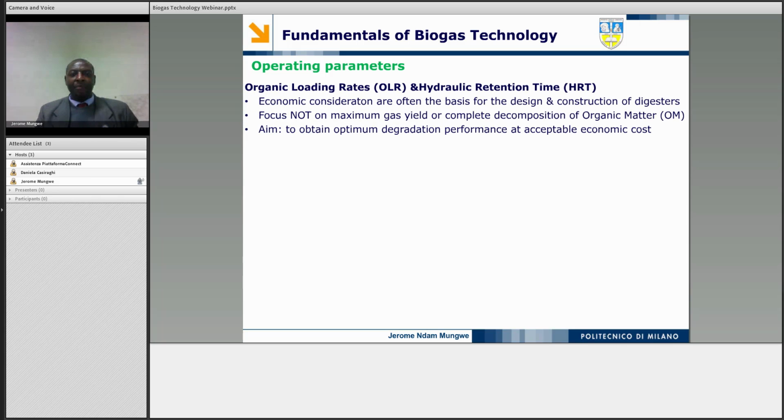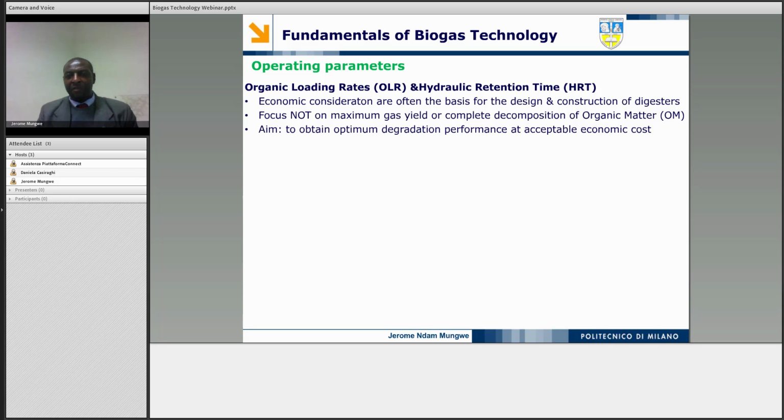Now let's look at the operating parameters when we design a biogas digester. For example, we need to have some parameters that we use to design the system. So one of the parameters is the organic loading rate and the hydraulic retention time.